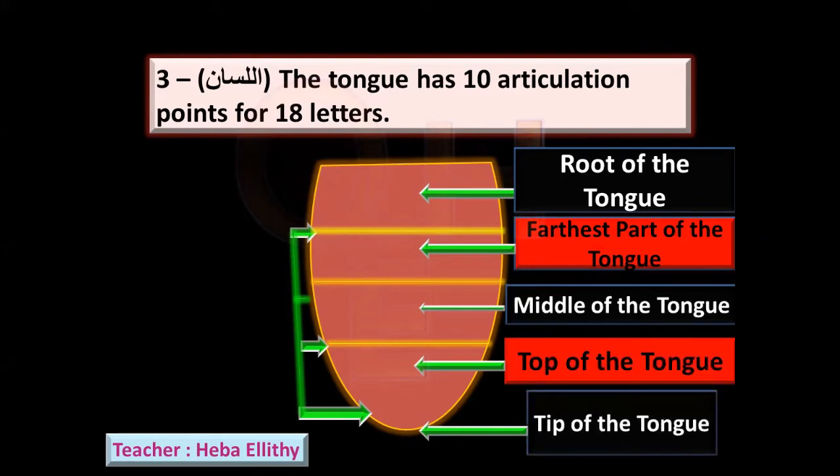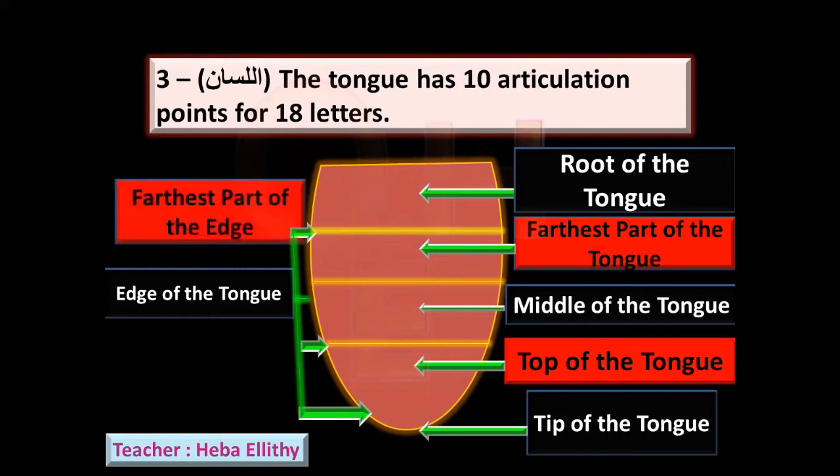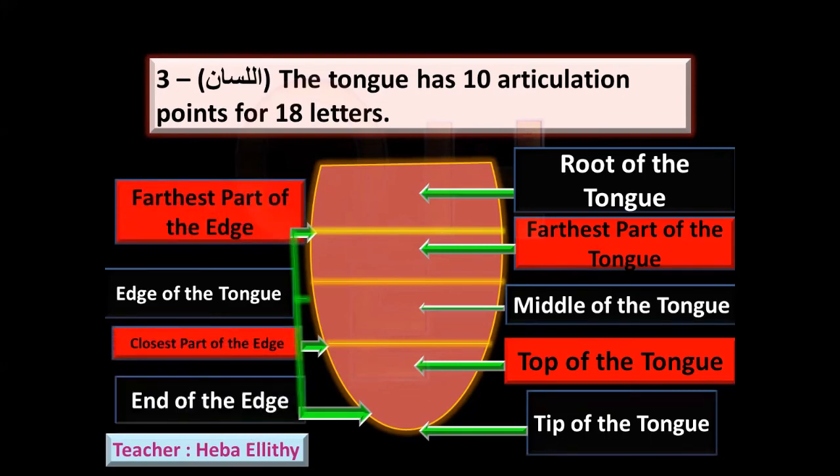We have the tip of the tongue, which is the very front of the tongue. We have the edge of the tongue from the 2 sides: the farthest part of the edge, the closest part of the edge, and the end of the edge.